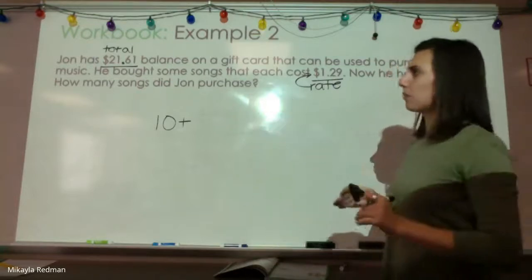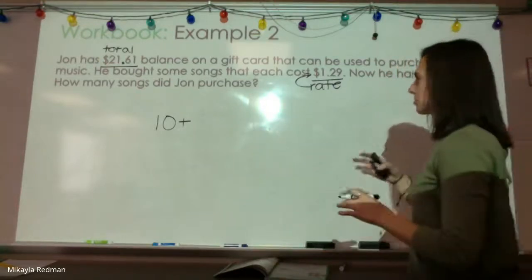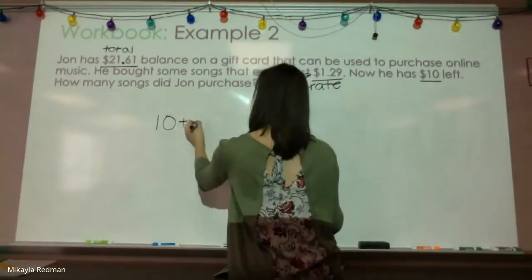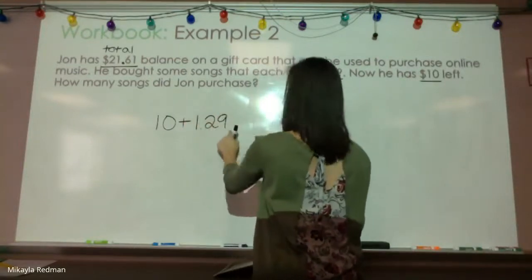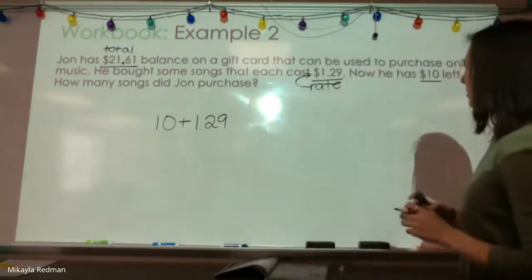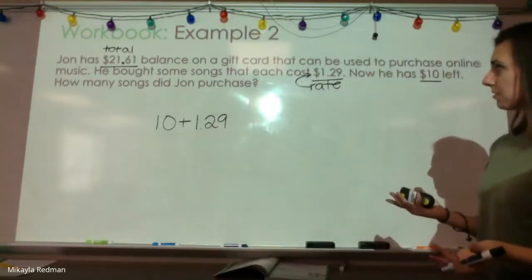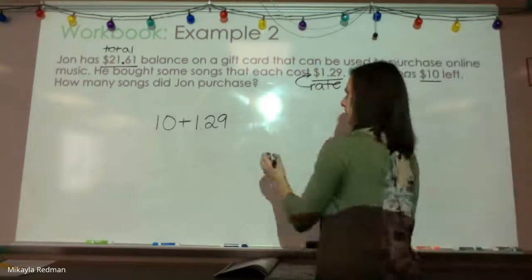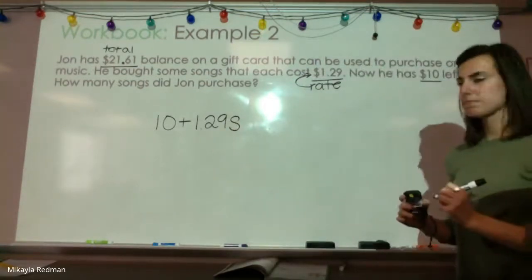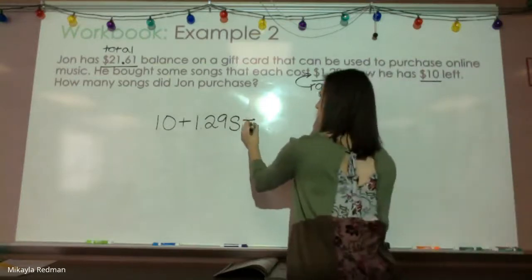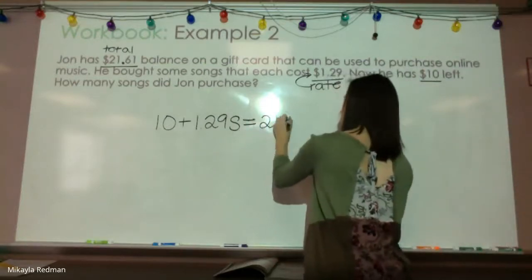That makes up the 61. So 10 plus 1.29, that's our coefficient, and we have to multiply that by the number of songs that he purchased. It doesn't give us a variable here, so I'm going to use S for songs, the number of songs. And this is equal to our total, 61.